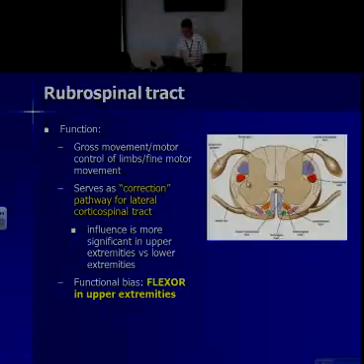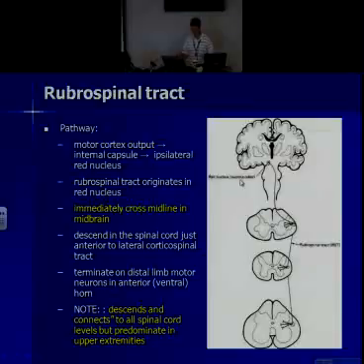When we had our discussion before about decorticate and decerebrate, that's where that's coming from, as far as whether you wind up in a decorticate or a decerebrate posture. But as I said, that's really too simplistic, because it's way too rare that you have an isolated red nucleus problem or rubrospinal tract problem.